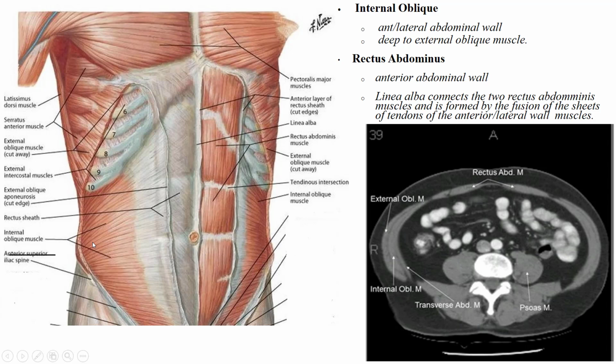The internal oblique muscle, we had talked about the external oblique coming from superior to inferior as it courses, and the internal oblique goes from inferior to superior, so it's running up rather than down as it runs along the body. And then the transverse abdominis is a muscle that runs around like a corset on the inside of our body, and we're going to see in a later slide this piece of fascia on the posterior side of our body called the thoracolumbar fascia, and it is the only muscle that attaches to that fascia in a direct plane, in a transverse plane, horizontal.